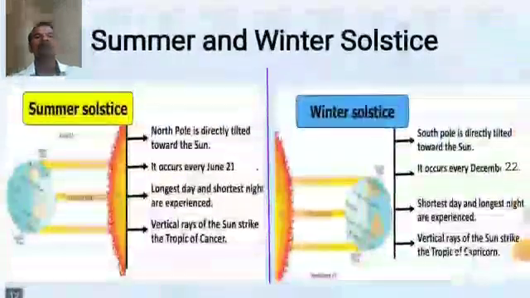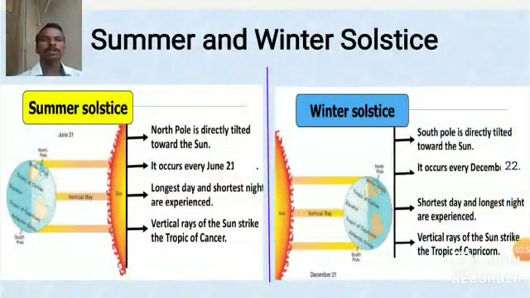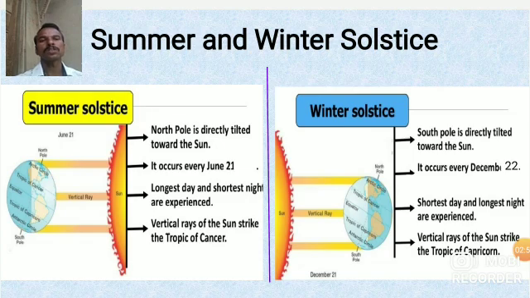Now let's understand the summer and winter solstices. Summer solstice. Students, if you see this diagram, you find that the North Pole tilts toward the sun, and the vertical rays directly fall on the Tropic of Cancer.